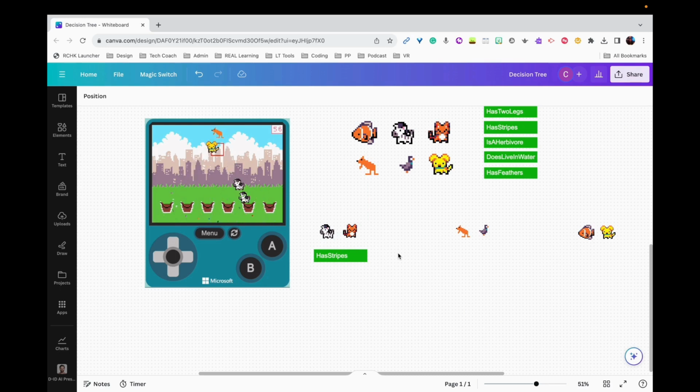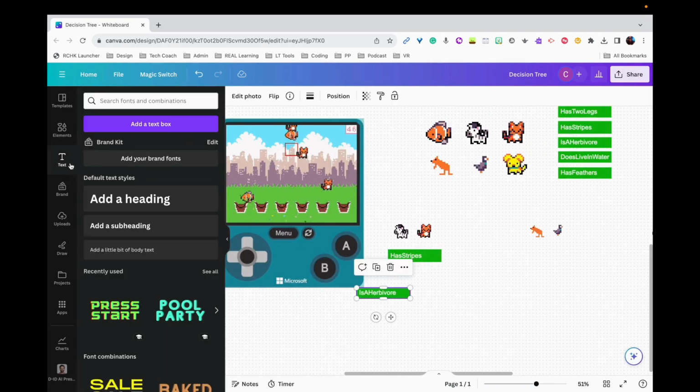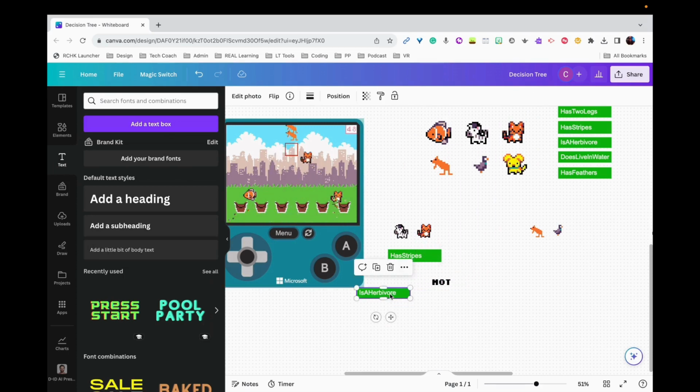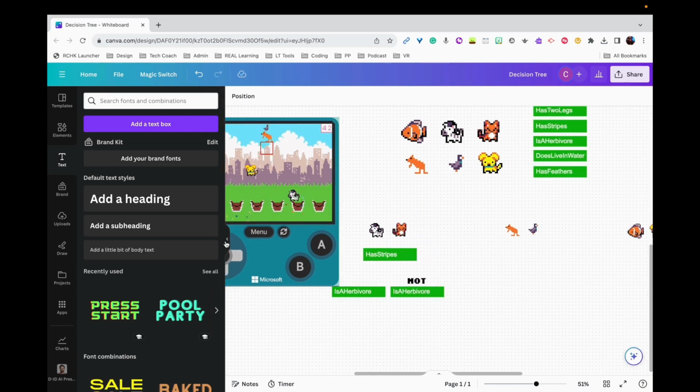However, the difference is the zebra is a herbivore whereas the tiger is a carnivore. So what we can do is get a text and put not. So here, for the tiger, of course, the tiger is not a herbivore. That's what we would have here.